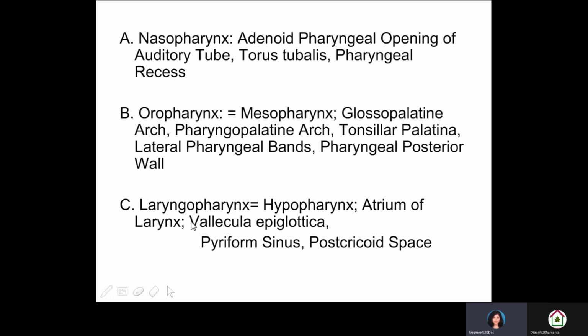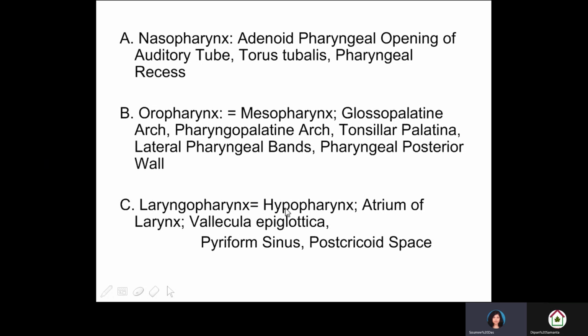Next one, the most inferior part, is known as laryngopharynx, or this is also known as hypopharynx. Hypo means inferior in position. So laryngopharynx is the most inferior or lowermost part.